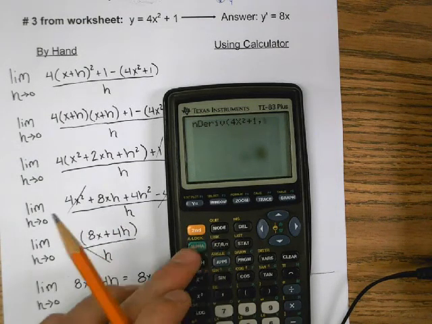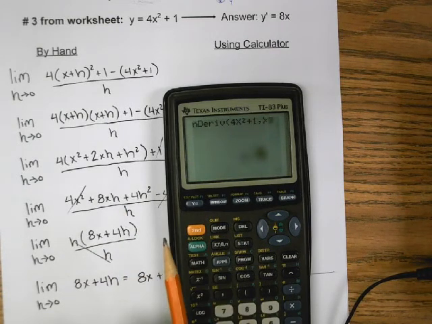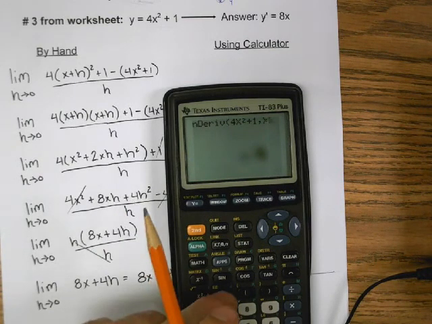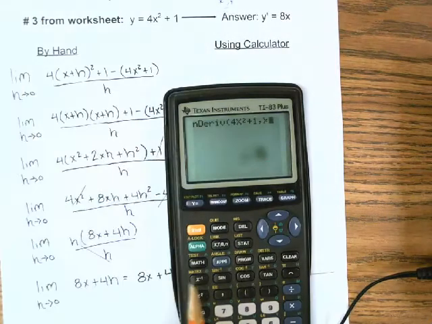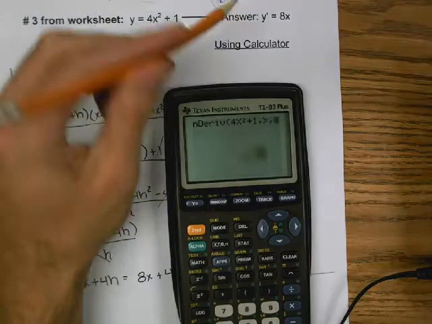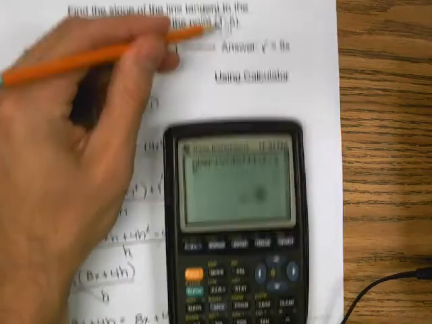You want to tell it you're evaluating it with respect to x, so I'm going to put in a comma, x. Now I need to tell it at what x value, so I'm going to put in another comma and type in a 1.